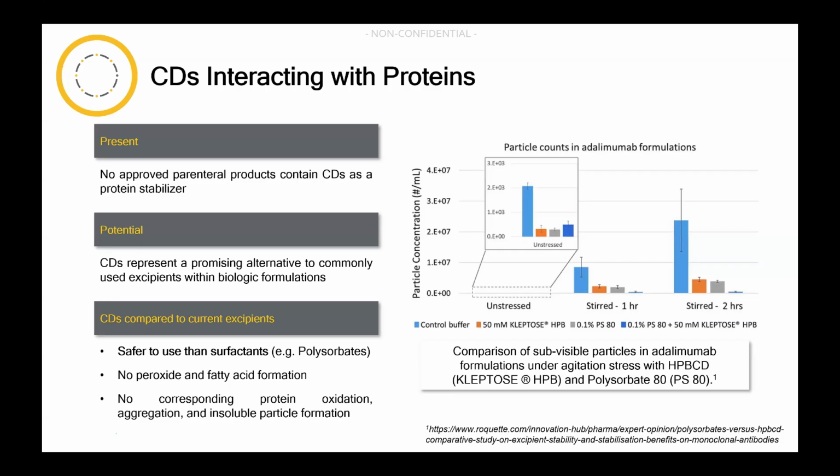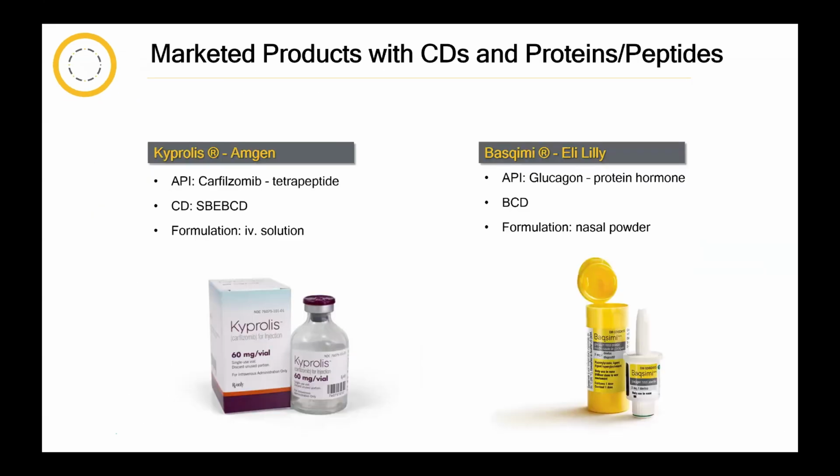This company, Roquette, already has a cyclodextrin product on the market, which is focusing on monoclonal antibodies. It's called Kleptose Biopharma, and they are focusing on monoclonal antibody formulations. However, there are still no pharmaceutical products on the market with this approach.